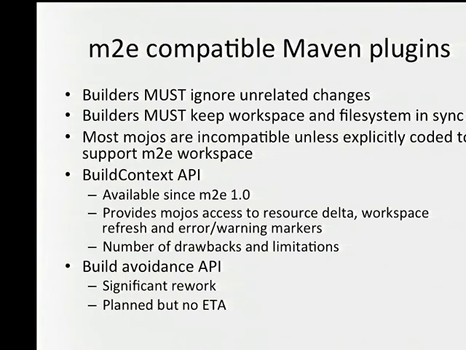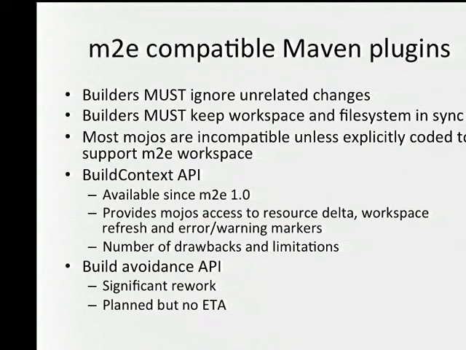That API was introduced as part of m2e 1.0. It's very simple, one single interface that a Mojo can, or rather should, use that allows modules to access resource change deltas and keep the workspace in sync with whatever file system changes the module makes.